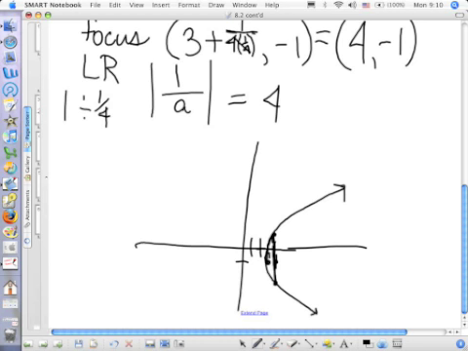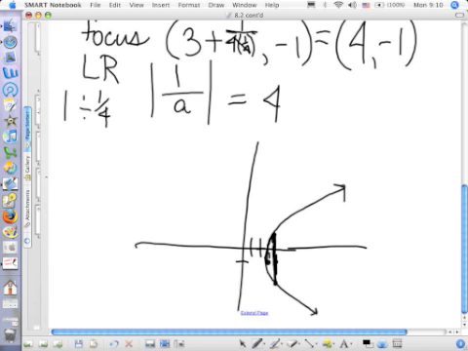So all you do is graph the focus, the LR, and the vertex? Yes. And the LR is 4 units long, which means you've got to center it across the axis of symmetry. So it's half from each side. Exactly. So what if it's an odd number?